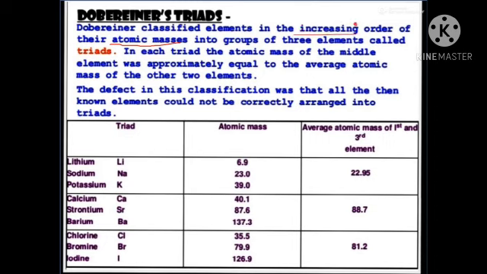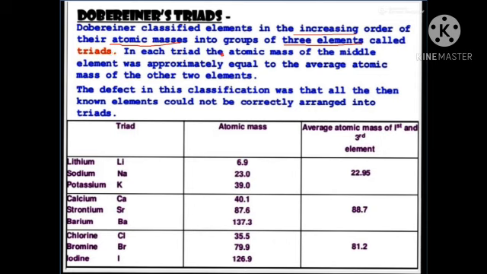On the basis of increasing atomic masses, elements were arranged into groups of 3 elements called triads. Why are these known as triads? Because this was the arrangement of 3 elements. That's why it was known as triads.